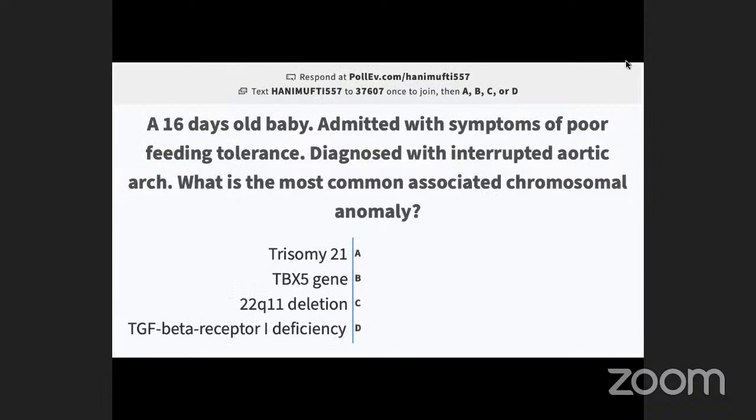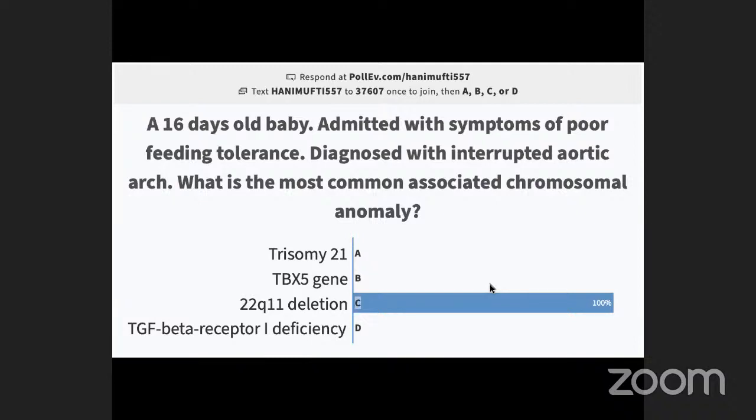Okay. Can you guys see it? Yes. Okay. 16 days old baby admitted with symptoms of poor feeding tolerance, diagnosed with interrupted aortic arch. What's the most common associated chromosomal anomaly?